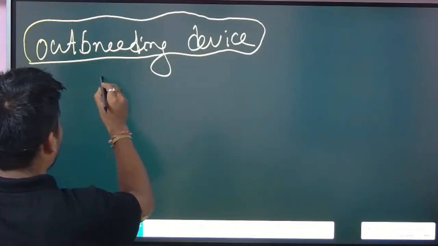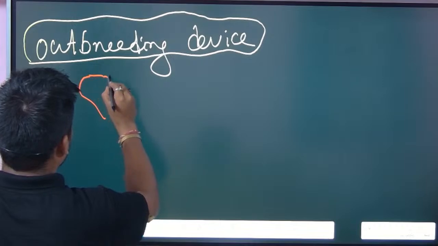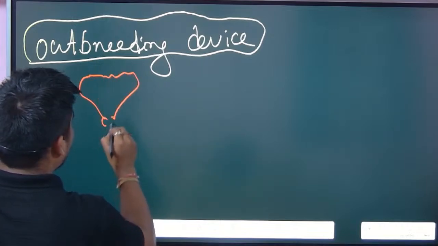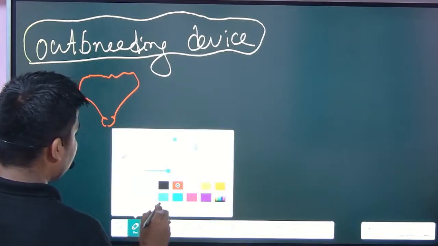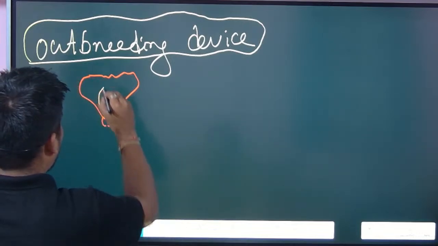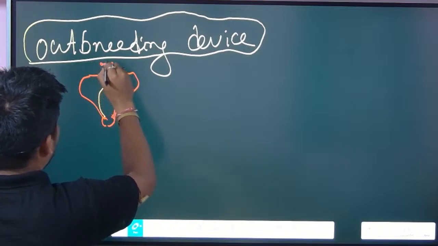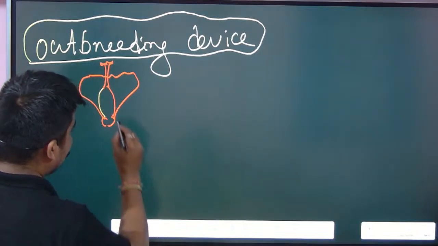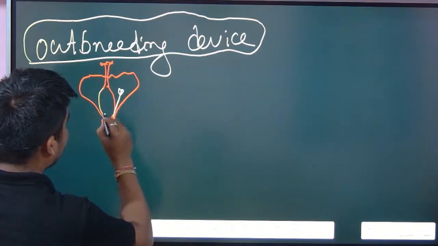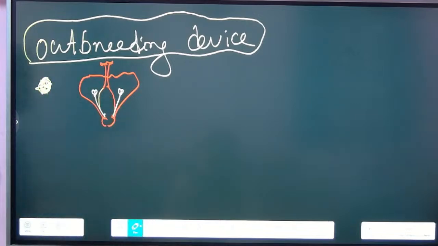Let's say it's a flower. This is the height of the stigma, and let's say this is the height of the stamen.